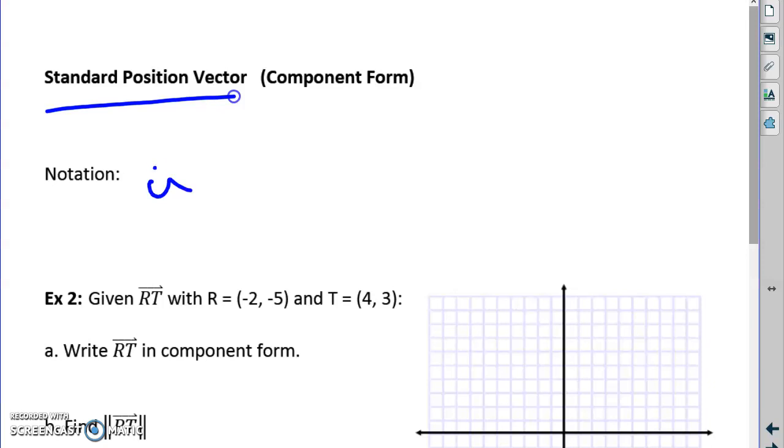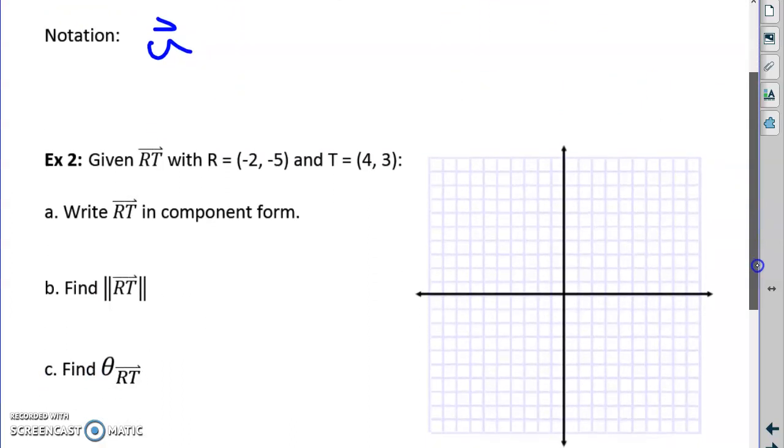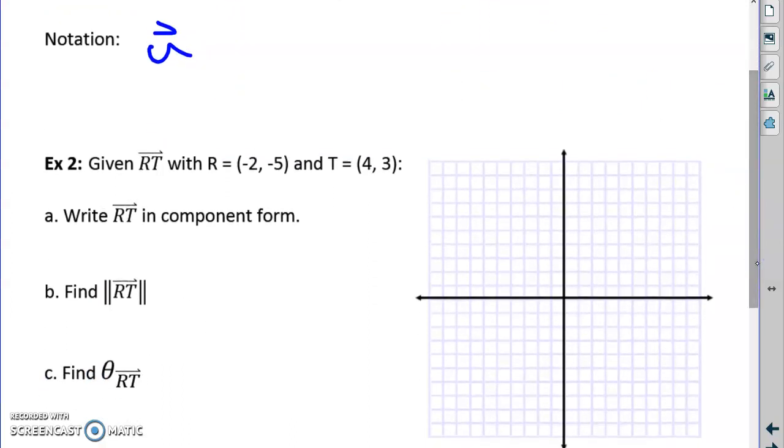That's where this symbol comes in. And what it's always going to do is start at the origin. So we're going to take this first vector, RT, which starts at (-2, -5), pardon me, and terminates at (4, 3).